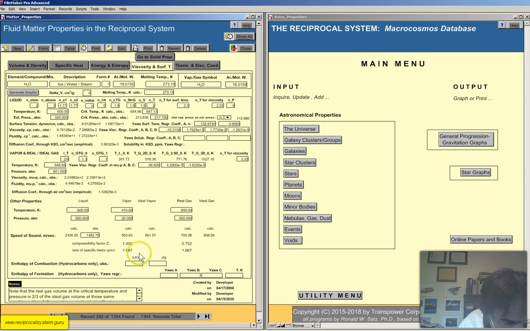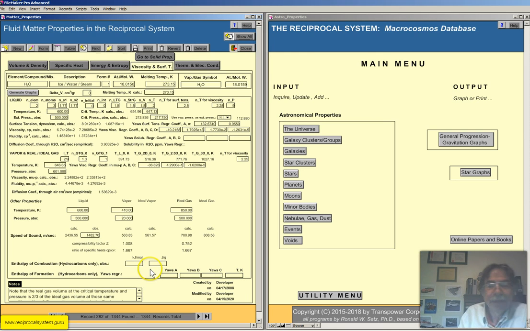Compressibility factors, and so on. And here I just have a couple places where you can put in enthalpy of combustion. That's only for hydrocarbons. Obviously, there's no enthalpy of combustion for water. And enthalpy of formation, hydrocarbons only. And Yaws has his own regression equations there.